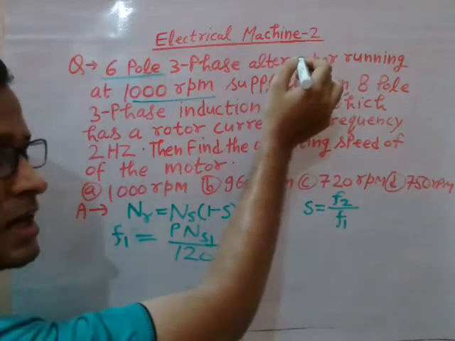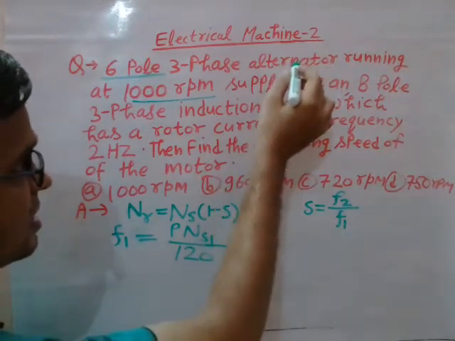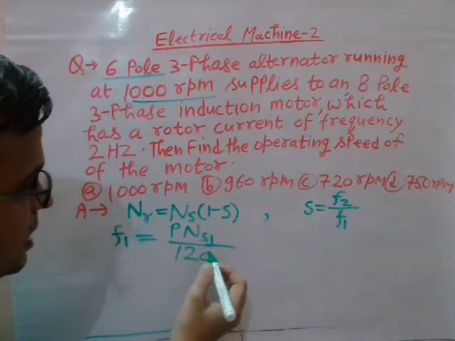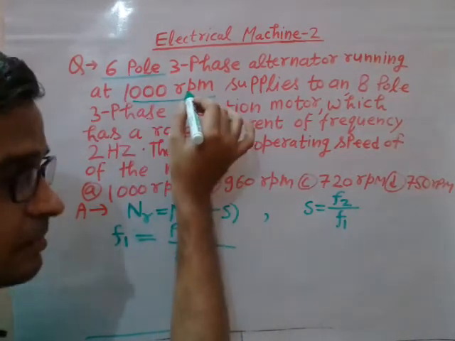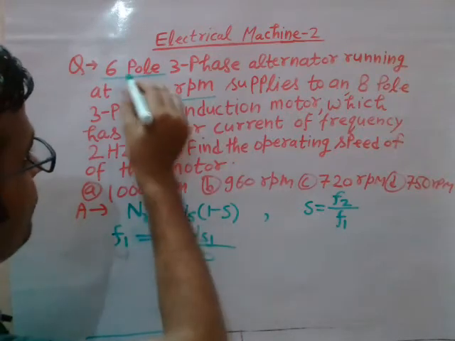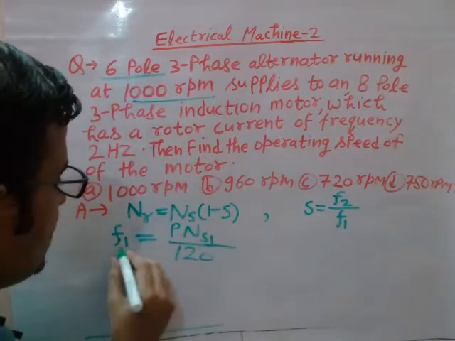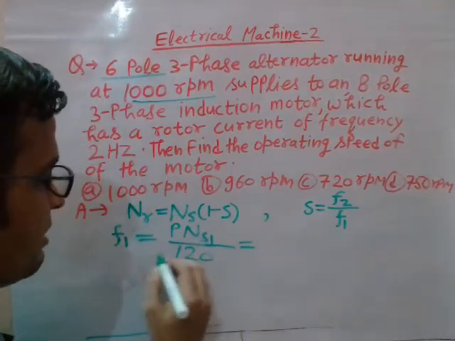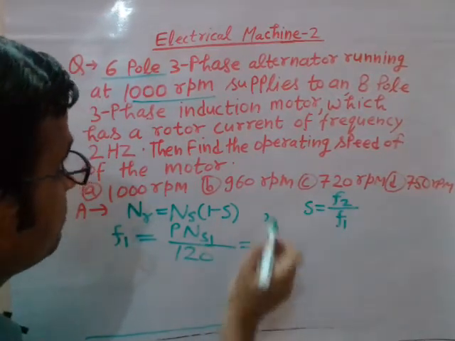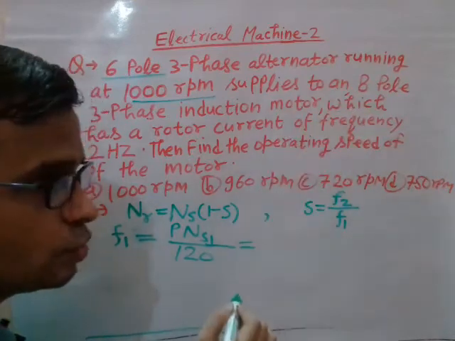The alternator is basically a synchronous generator, so its synchronous speed NS1 is given to you as 1000 rpm, and the number of poles on the alternator is 6. So F is equal to P NS1 by 120. With this data, you can calculate the supply frequency to the induction motor, because this alternator is supplying the induction motor.